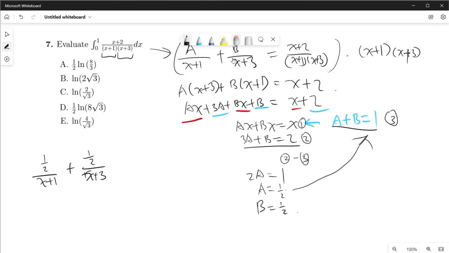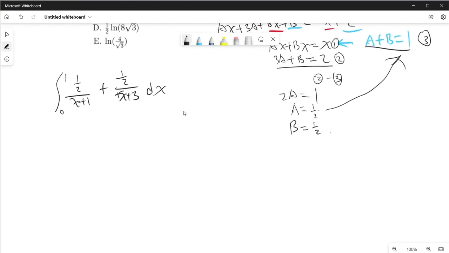Actually, so this is the integral we want, right? And then that should just be, I can pull 1/2 out for these, right? And then it would just be ln x plus 1 plus natural log of x plus 3.